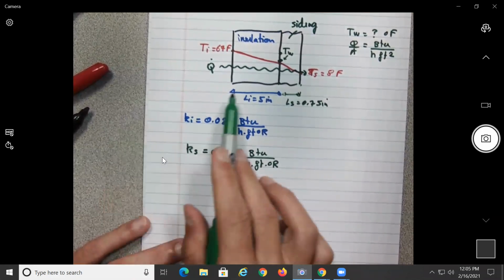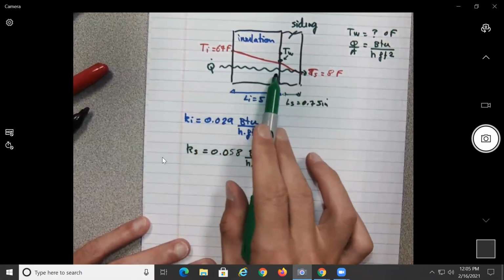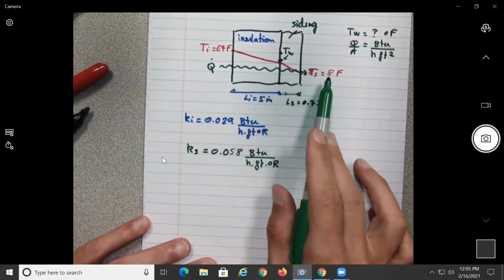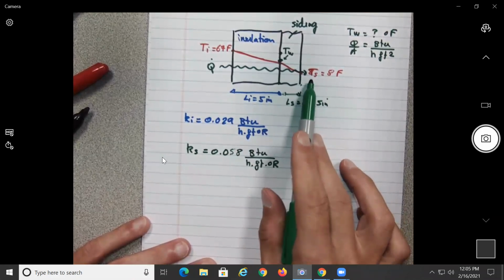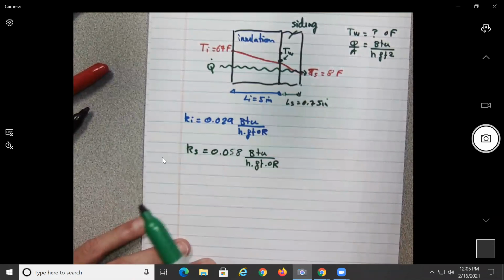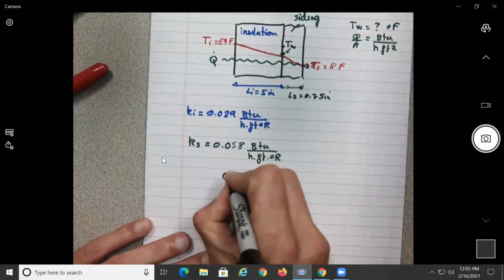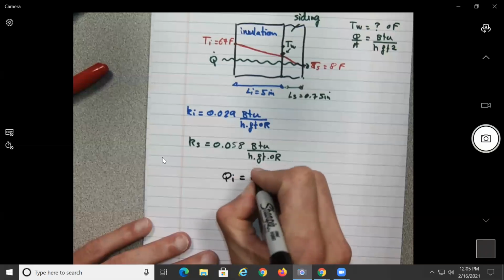No, it's the same. All the heat will first go through the insulation and then all the heat will go through the siding. The only thing that the insulation does is slow it down. So what you can say is that Q insulation will be equal to the Q of the siding.